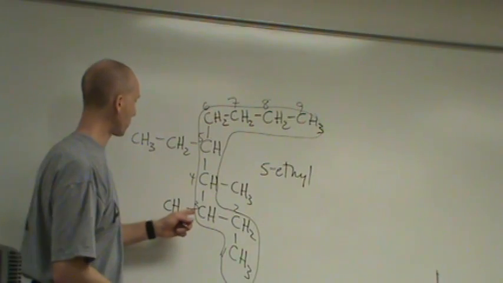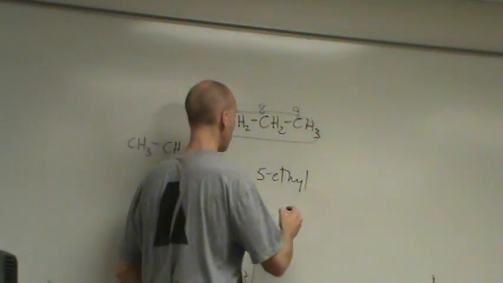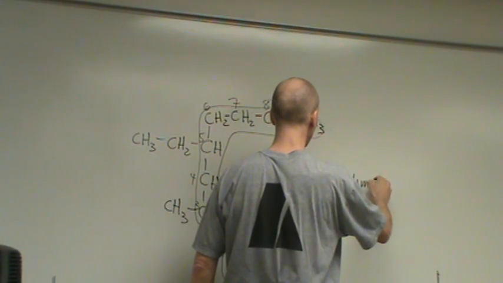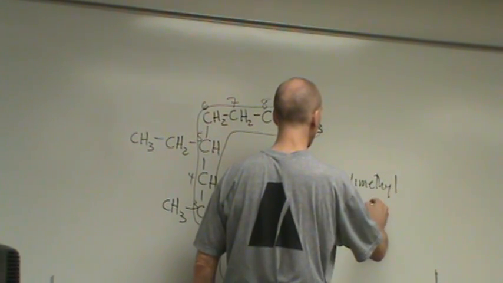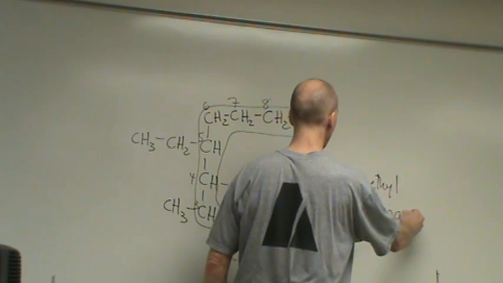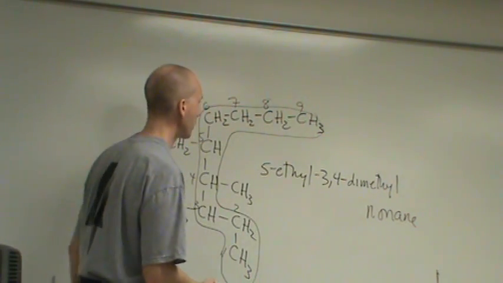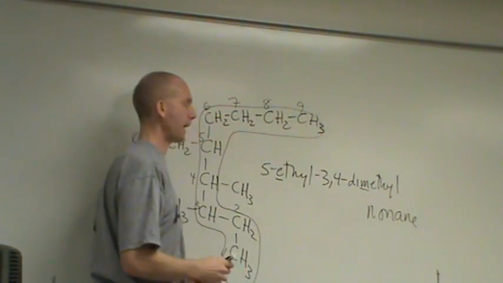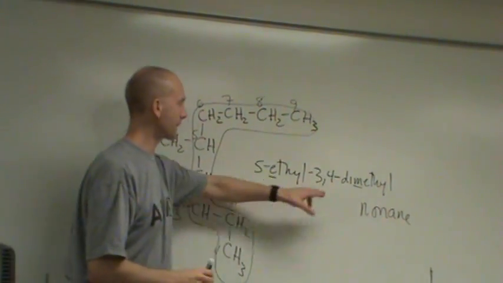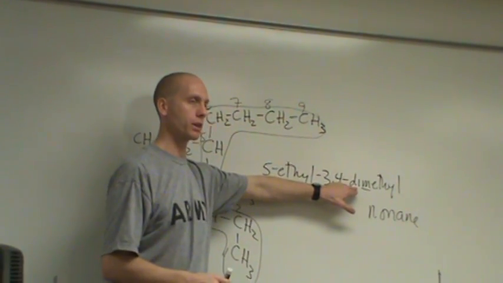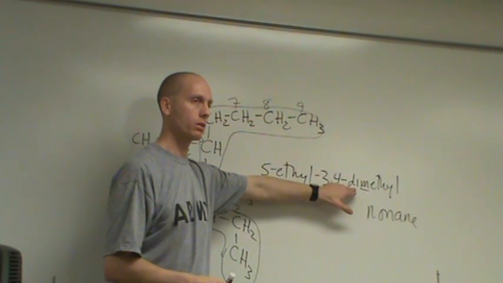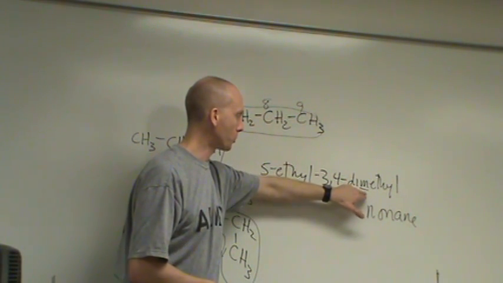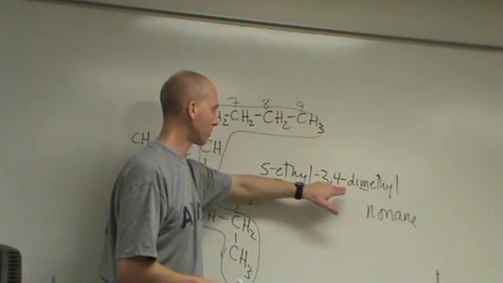Then we got methyl groups on 3 and 4. Look what you're putting in alphabetical order, the E and the M. Not the D. You don't use the prefix in the alphabetical order. You didn't know that, but you know it now. You use the root name of the branch.